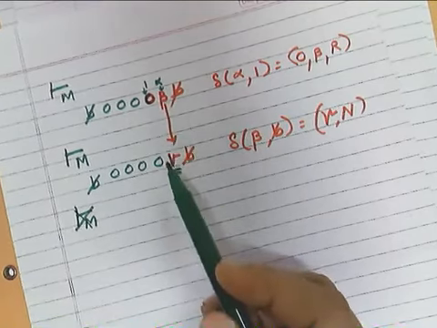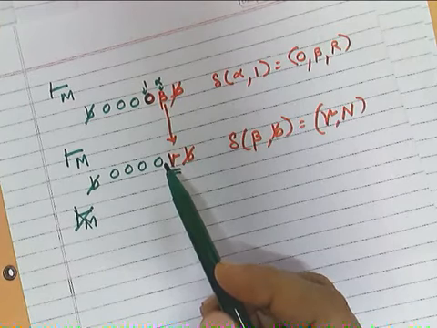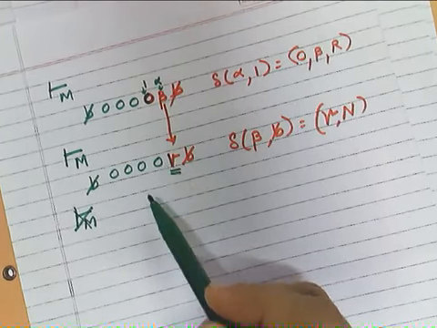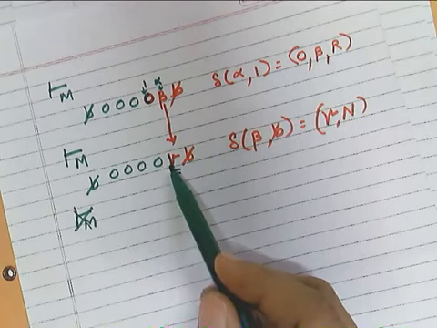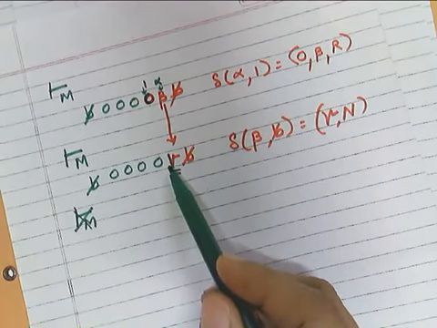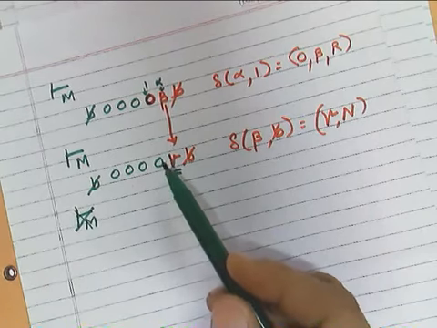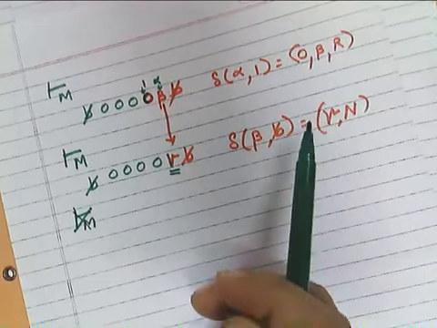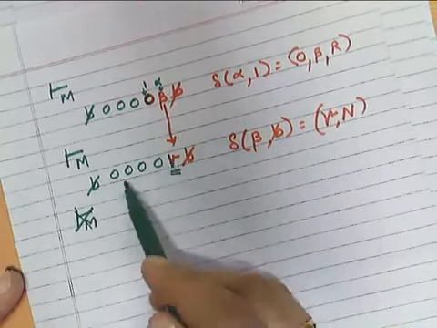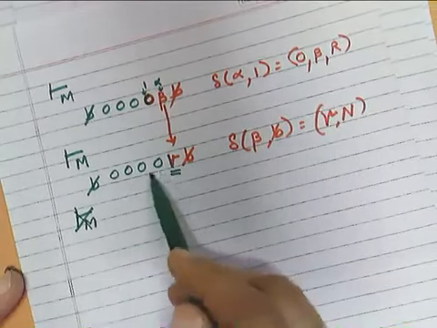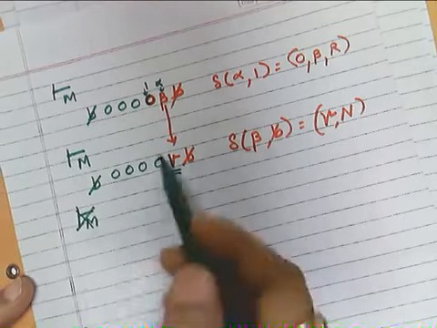So what is the observation? Whenever a sequence of zeros followed by 1 is encountered, it moves to the next available blank and halts. That means the 1 which is preceded by 0 is converted to 0.